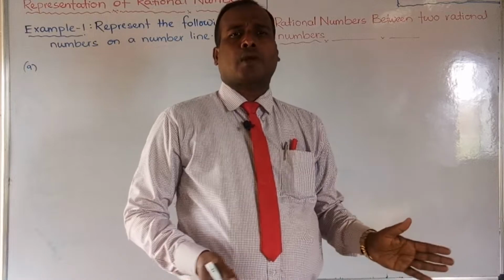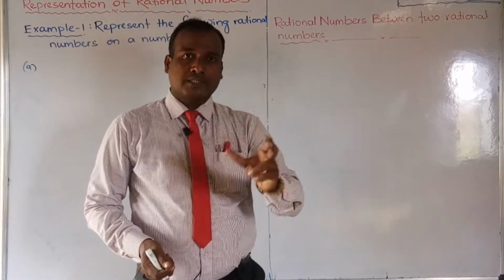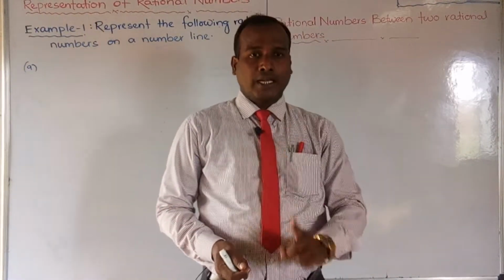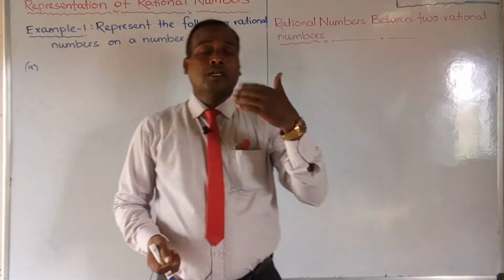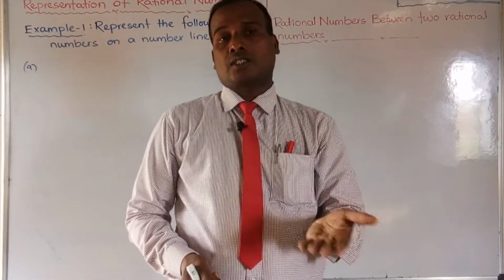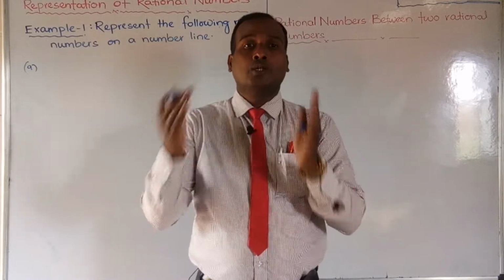Remember, any proper fraction you have to place between 0 and 1. Second, if the rational number is an improper fraction, then you have to make it a mixed fraction. Then you have to find the numbers lying between any two whole numbers.